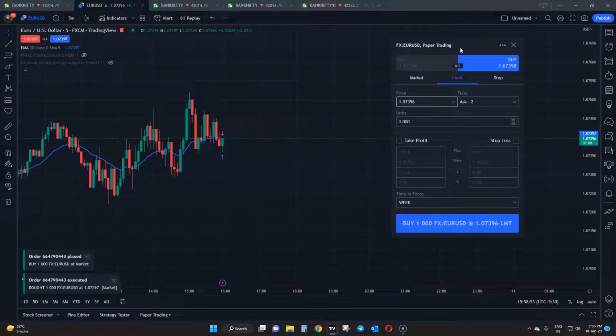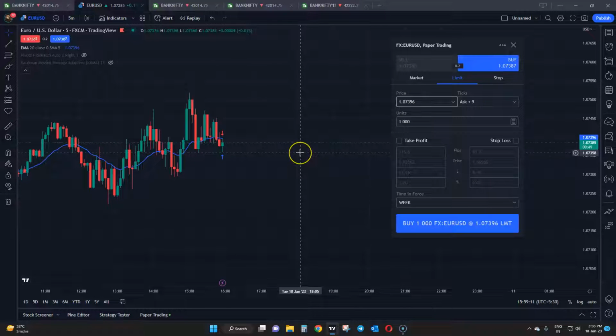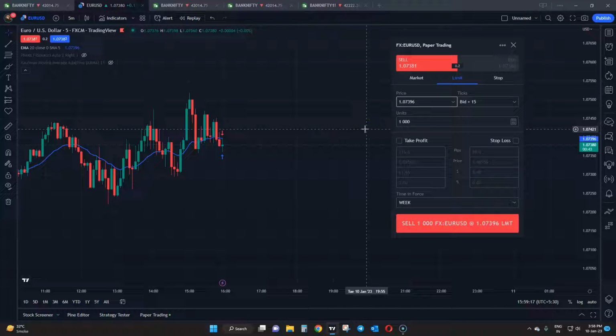A limit order, especially in selling, is where it gets slightly confusing for newbies to understand. New traders are confused when it comes to this. A limit order is an order when you want to sell something, when you want to go short.